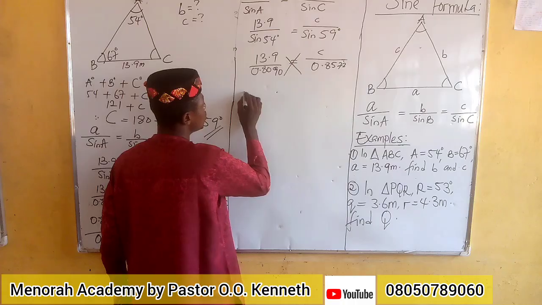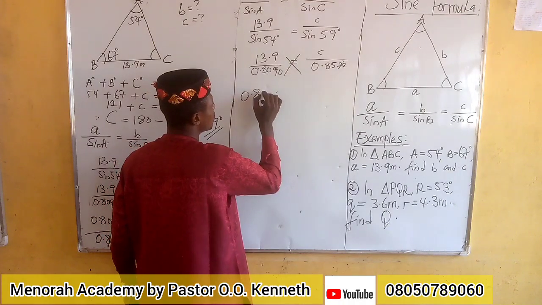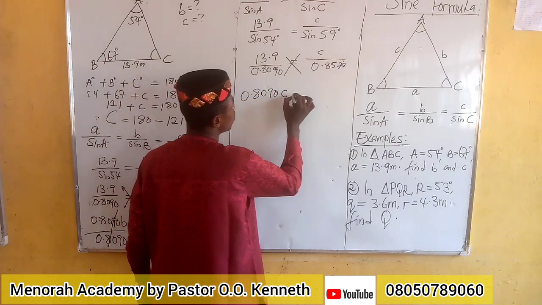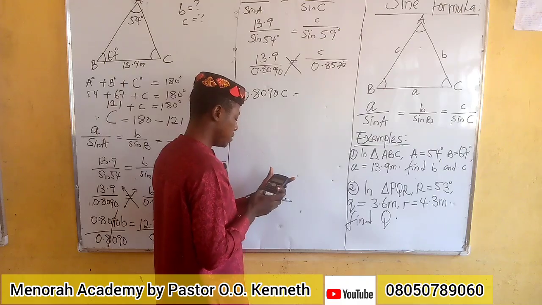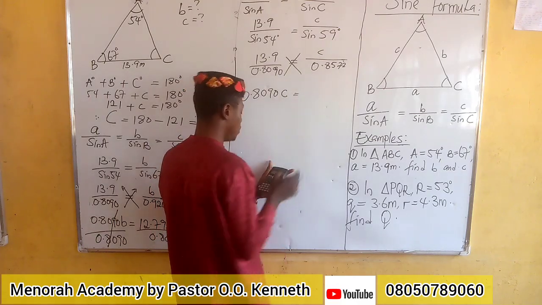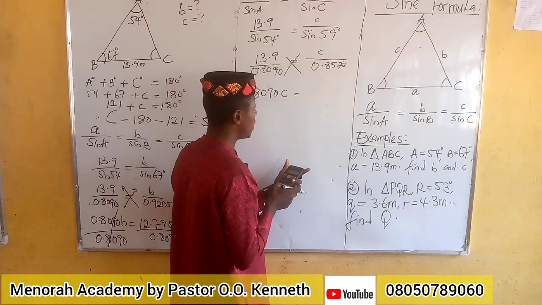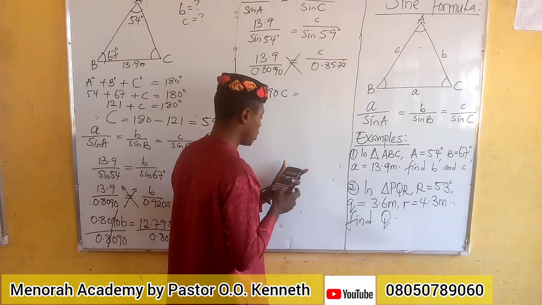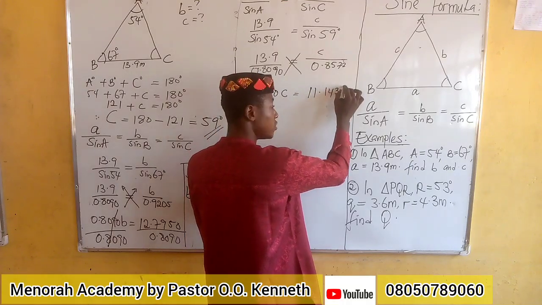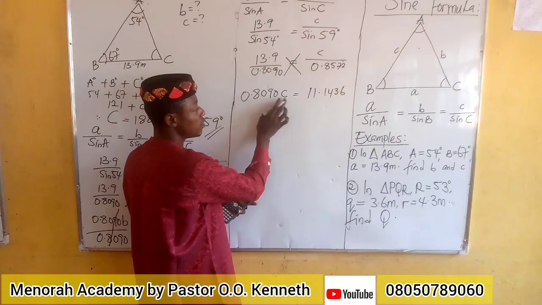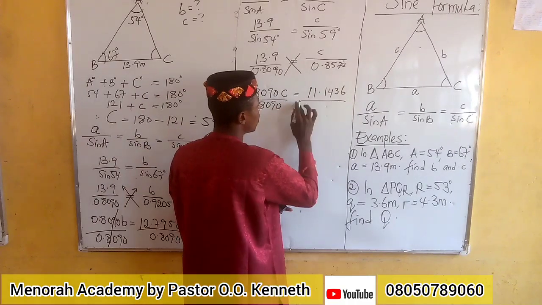C times this will be 0.8090C, which is going to be equal to 13.9 times this value, 0.8572, which is going to give me 11.1436. So now we divide both sides by the coefficient of C, which is 0.8090 all over 0.8090.